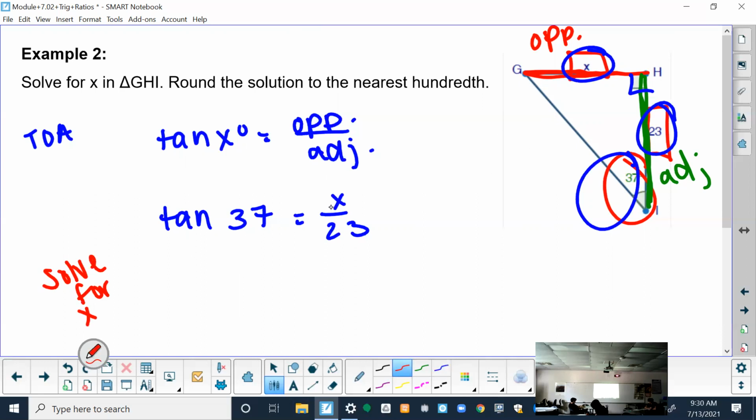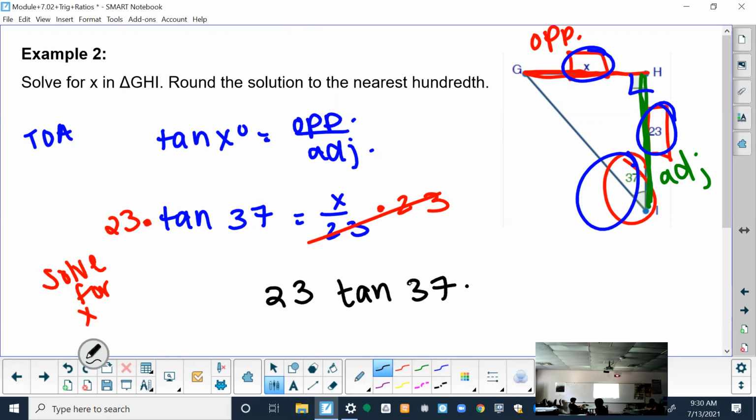What would be the opposite of dividing by 23? Multiplying. So I can multiply by 23 on the right side to cancel out that denominator. What I do on one side, I have to do to the other side. I have 23 times the tangent of 37 equals x.